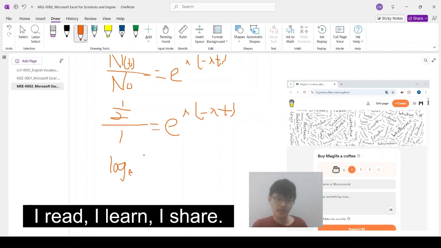Then this is the answer. The answer is minus lambda t.